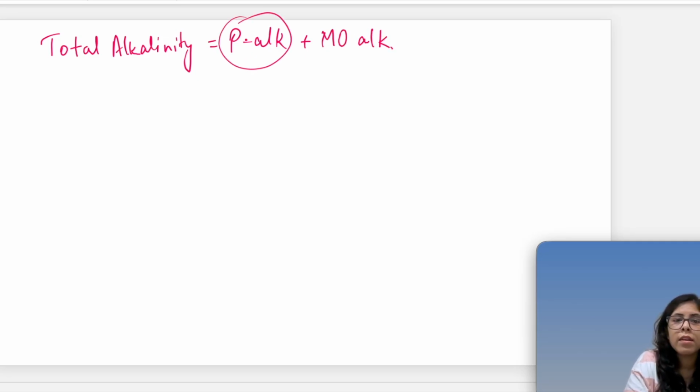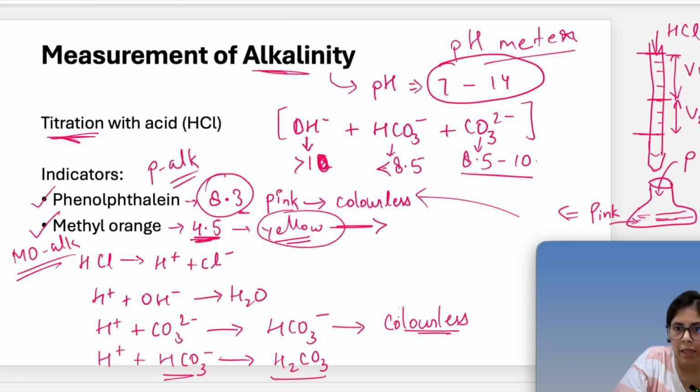Now I have the volume for the titration. So how do we calculate the phenolphthalein alkalinity? Let's say we added V amount of the sample, and the acid HCl is of N normal.